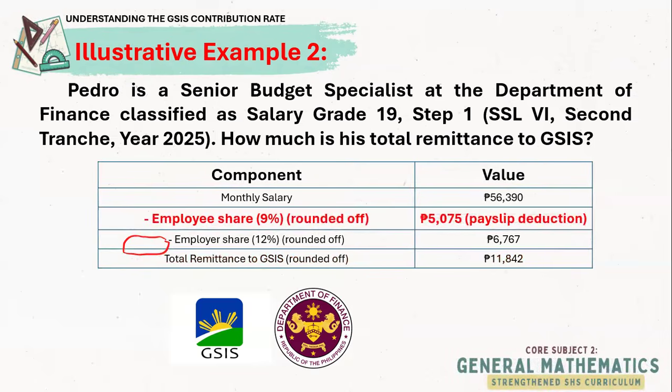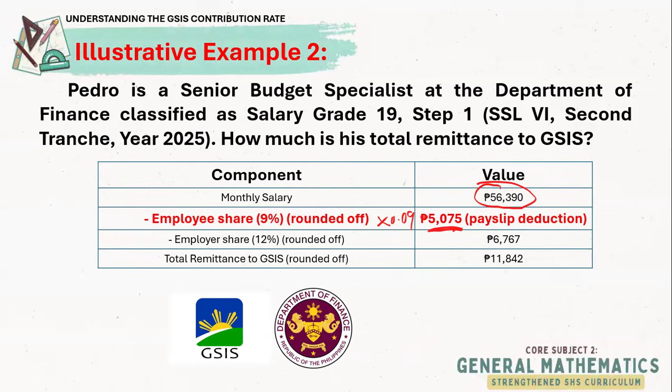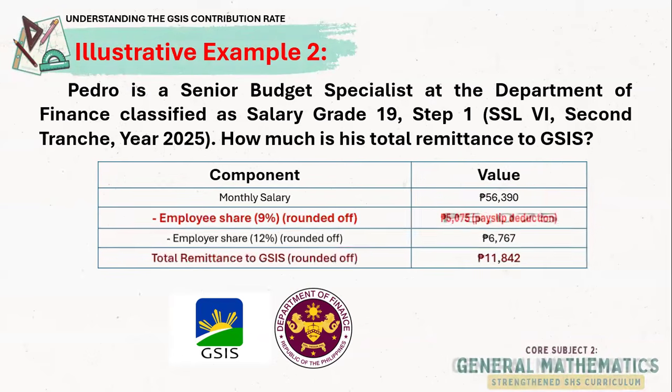This is what appears on the salary multiplied by 0.09. So that's a deduction of 5,075 pesos. And for the employer share, we multiply by 0.12. So we get 6,776. Adding both, and we get the total contribution remitted to GSIS.